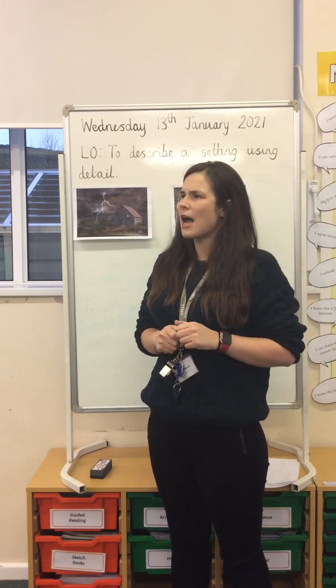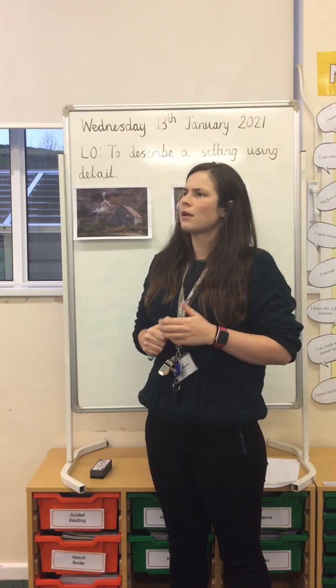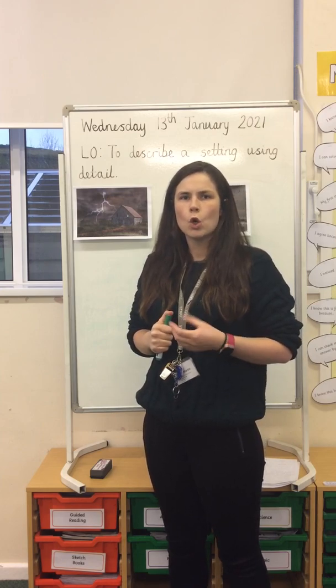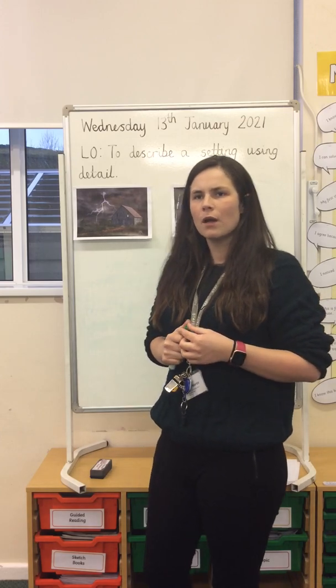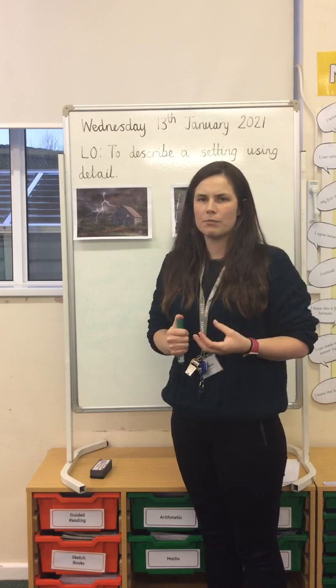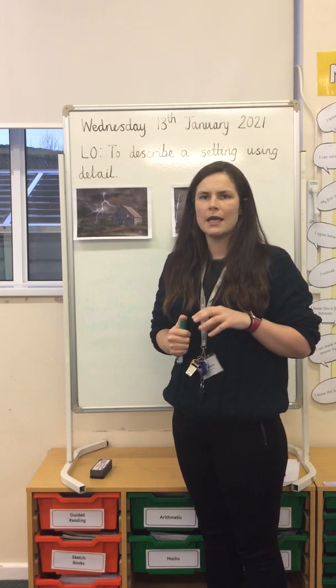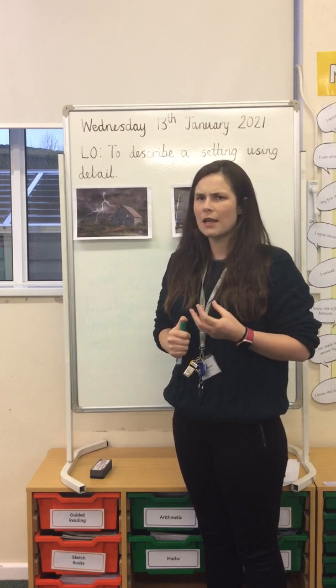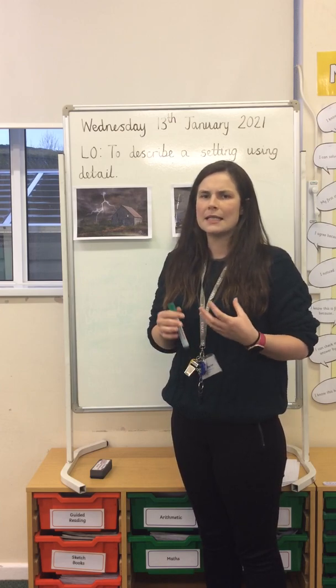Or I could have the lightning blinked or the thunder roared. And I need to think about what is going to fit in my setting description. Now our focus is writing tales of fear. So we're going to have to think about what makes a setting scary.